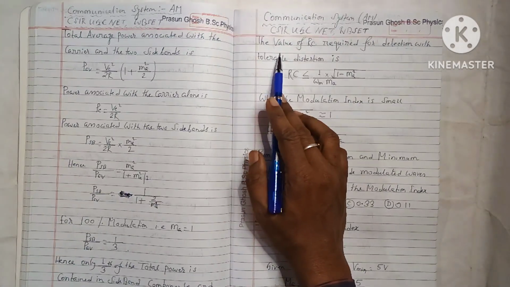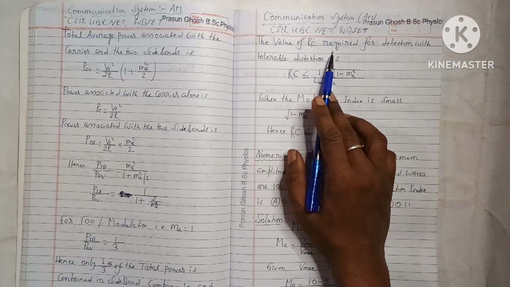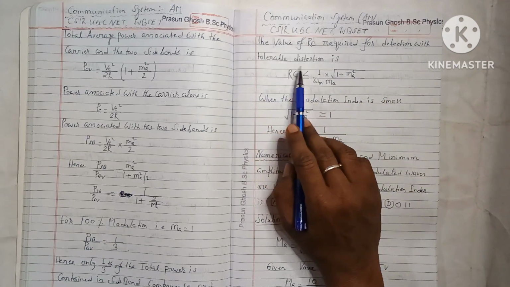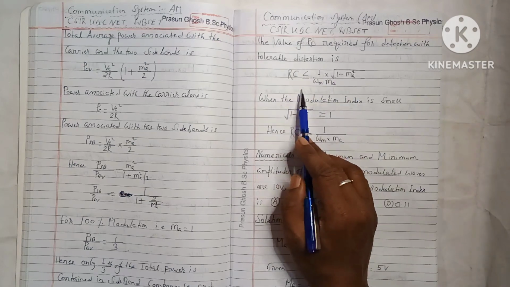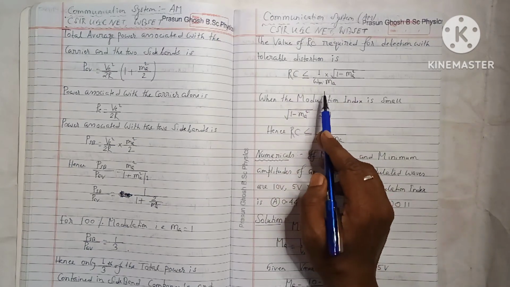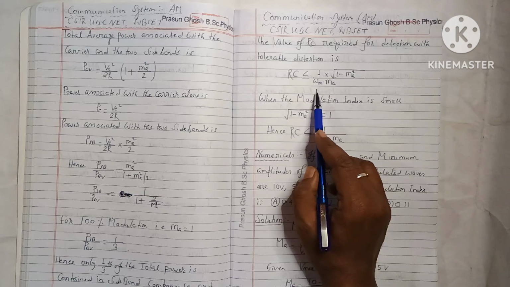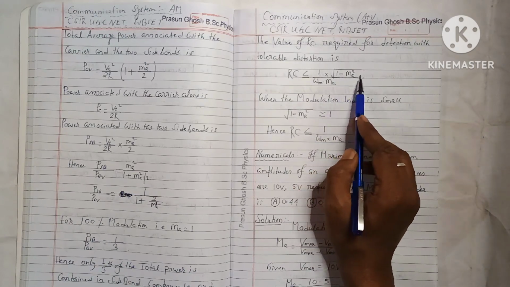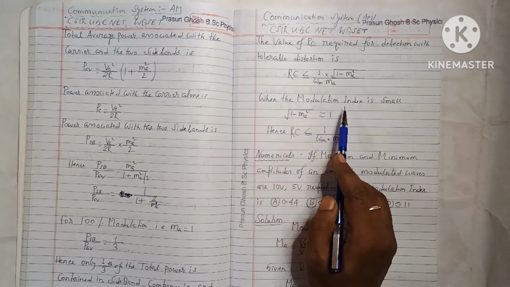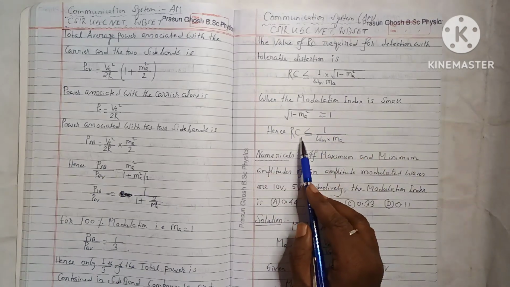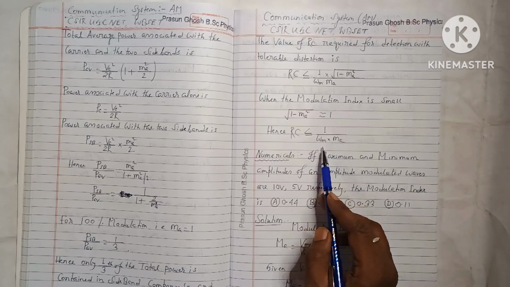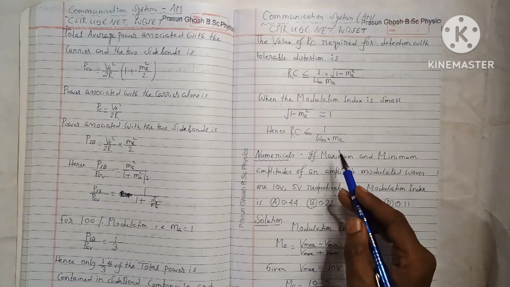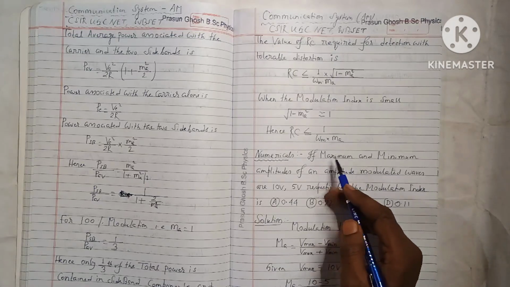The value of RC required for detection with tolerable distortion is RC less than or equal to 1 by omega m into Ma by root of (1 minus Ma square). When the modulation index is small, we can write RC less than or equal to 1 by (omega m into Ma). So this is the concept of amplitude modulation.